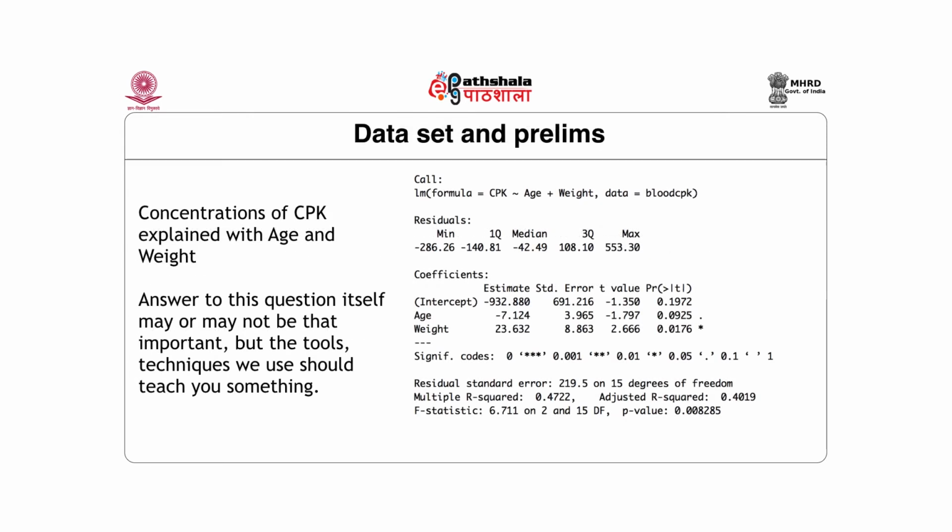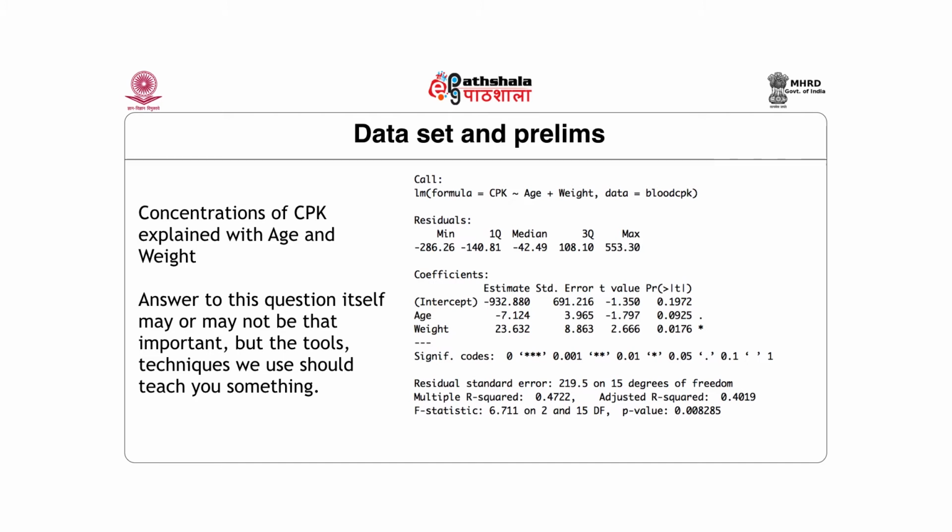The data set that I'm using for this work is the data set on the concentrations of creatine phosphokinase, which is like a muscle protein, and on age and weight. So it could be explaining whether body weight can better explain creatine phosphokinase in urine, or whether that is a factor that should be considered when we consider age as well.